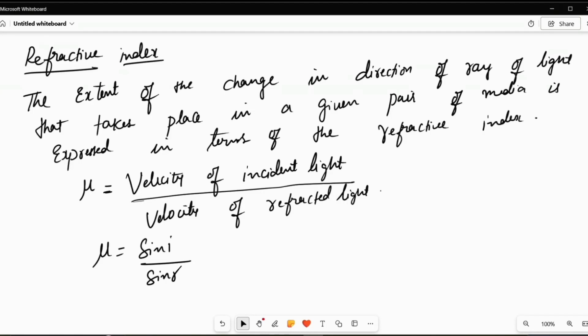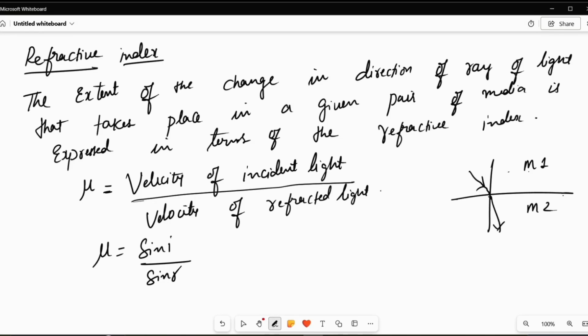While telling that, think, for example, this is medium 1, this is medium 2. Light is moving from medium 1 to medium 2.